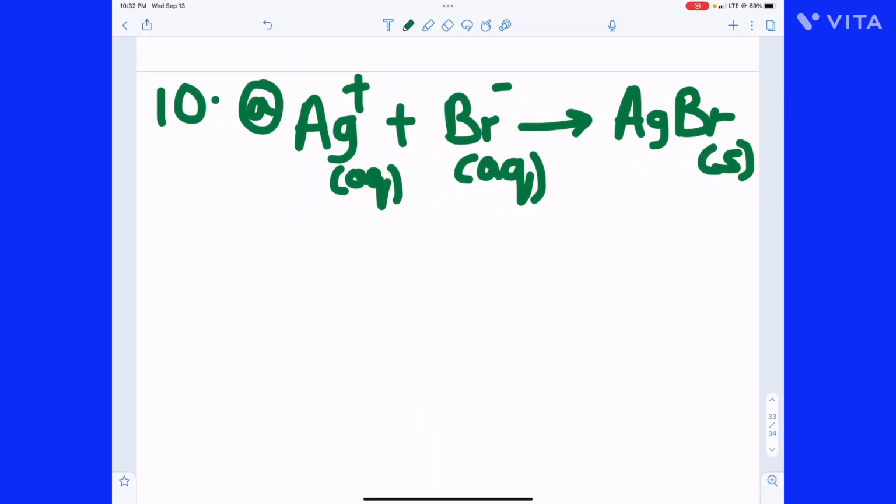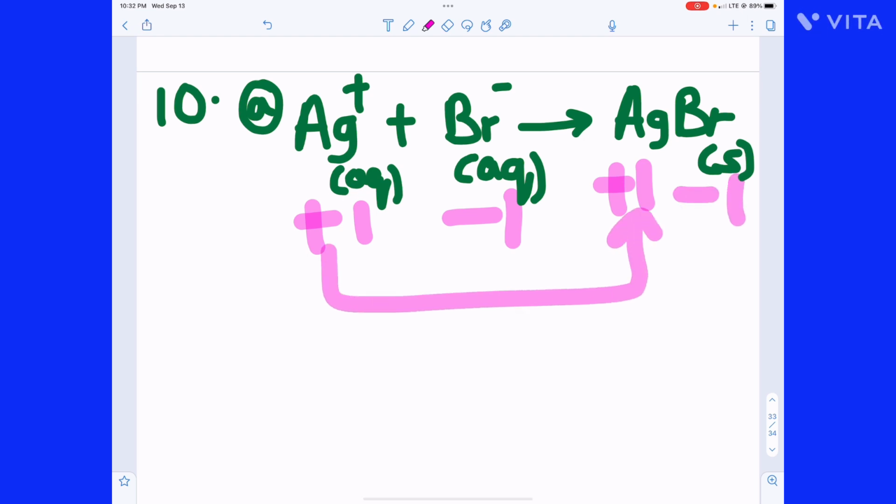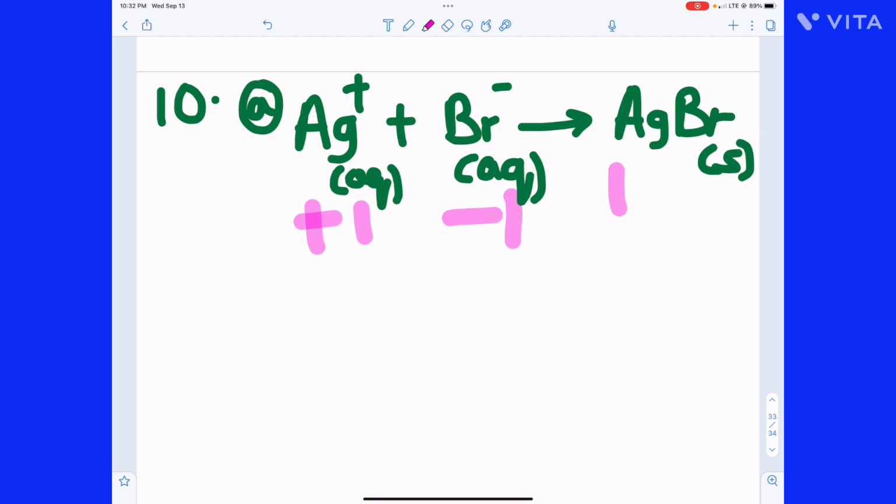Okay. In this case, silver is +1, bromine has a charge of -1. Silver here is still +1, bromine is still -1. There's no increase in oxidation number, +1, +1. There's also no decrease, -1, -1. So this one is not a redox reaction.